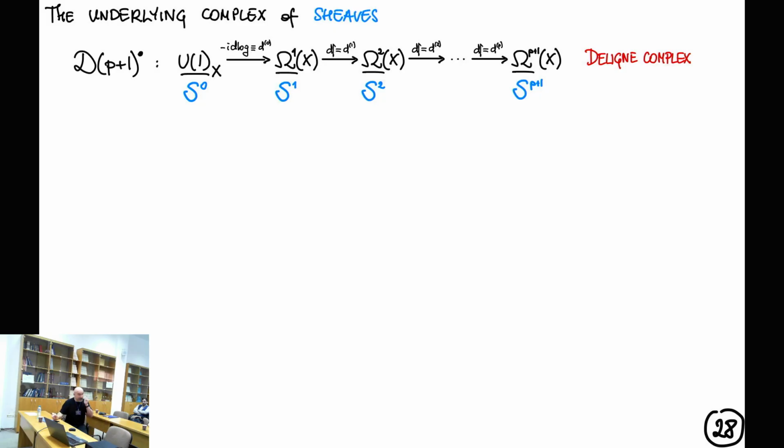So we have a complex of sheaves. We have the locally smooth U(1)-valued maps, which by the logarithmic derivative map into locally smooth one-forms on X, which by the standard derivative map into locally smooth two-forms, and so on until we hit the dimension of our membrane, loop world sheet or whatever.